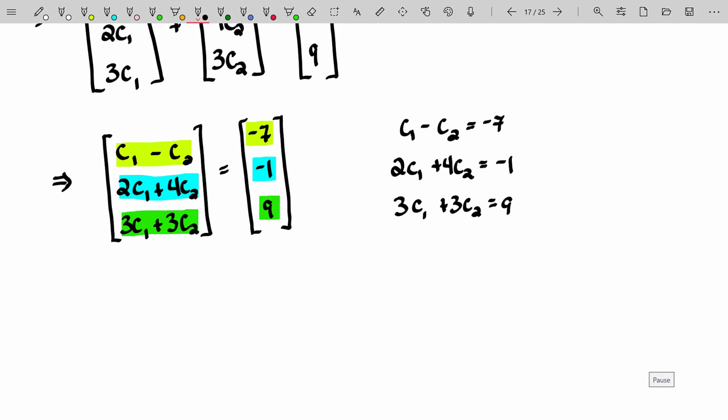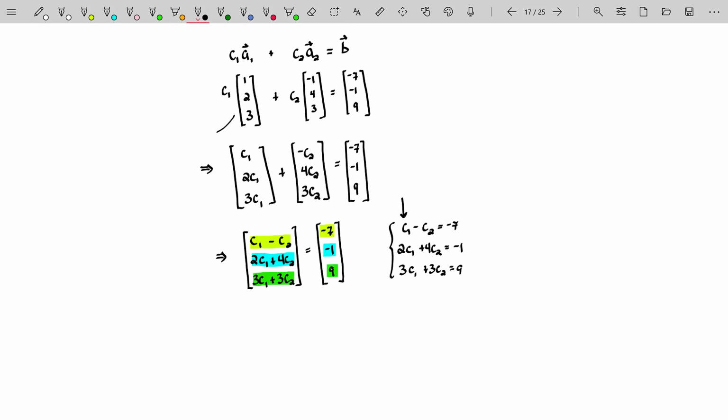Now, before we go ahead and try to solve this, I want to draw your attention to the structure of this system of linear equations. The first column, if you will, has coefficients 1, 2, 3, which is exactly the entries of the vector a sub 1. The second column has coefficients -1, 4, 3, which again are the entries in the vector a sub 2.